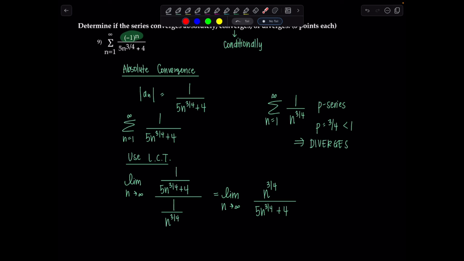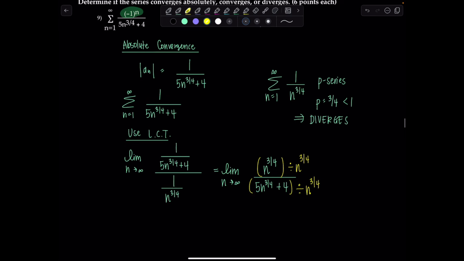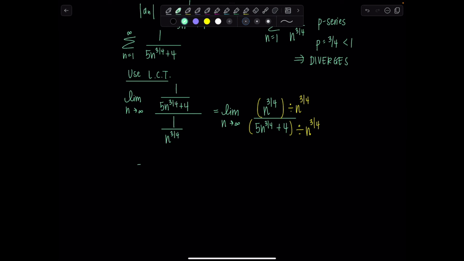So the easiest thing to do is just divide by the highest power of n, top and bottom. So divide by n to the 3/4. That's the same as multiplying by 1 over n to the 3/4. Then we've got the limit as n goes to infinity of 1 over 5 plus 4 over n to the 3/4.